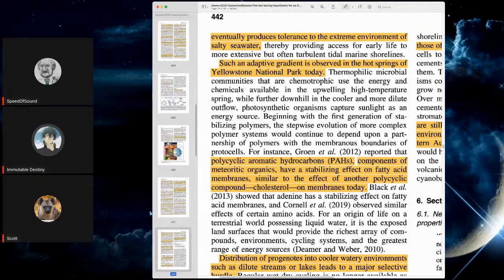Beginning with the first generation of stabilizing polymers, the stepwise evolution of more complex polymer systems would continue to depend on a partnership of polymers with the membranous boundaries of protocells.